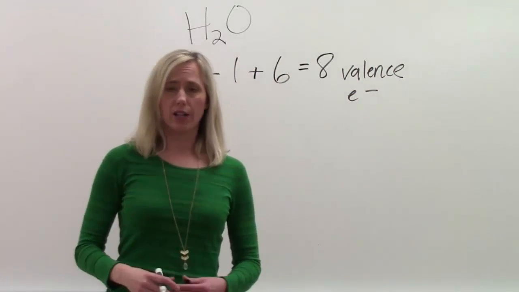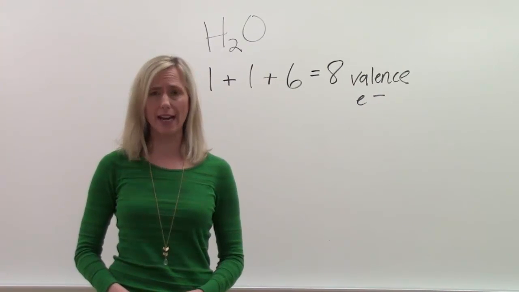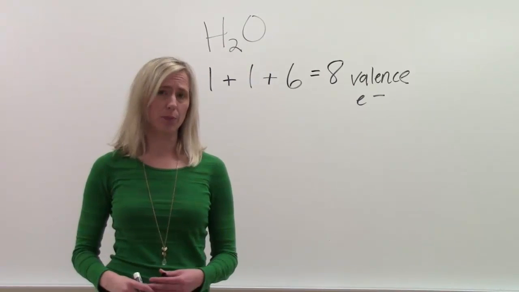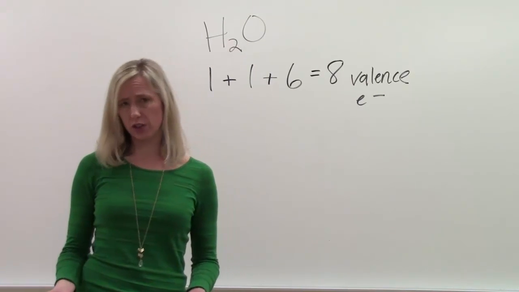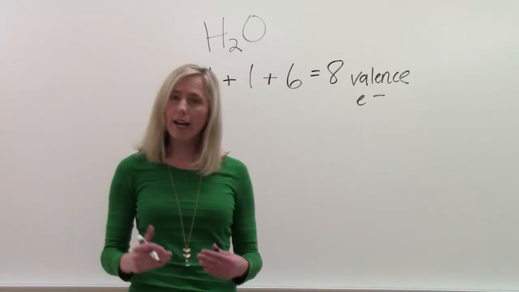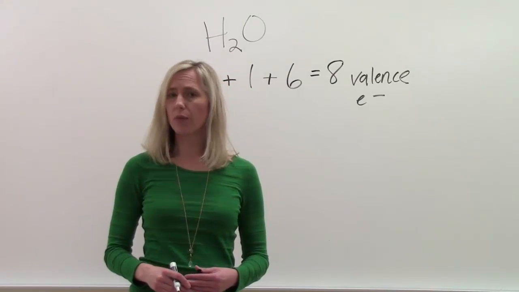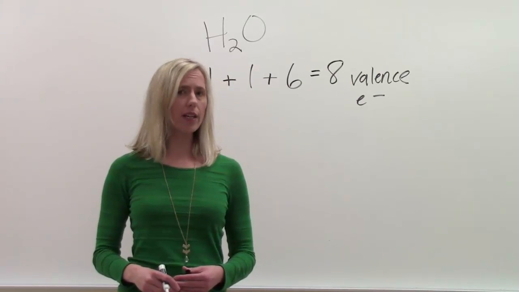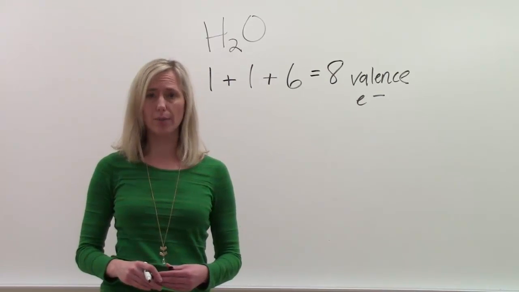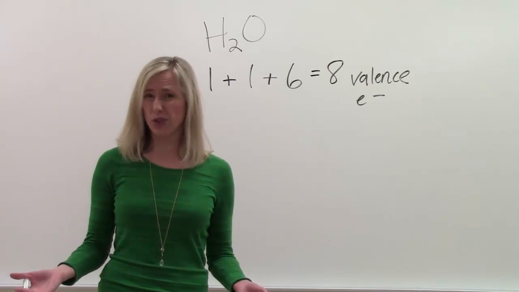Now we're going to draw the molecule. Sometimes students ask me, how do I know which atom to put in the middle? Well, here's a suggestion for you. A hydrogen atom starts off with 1 valence electron, but it only needs 1 more to be stable. So a total of 2, right?